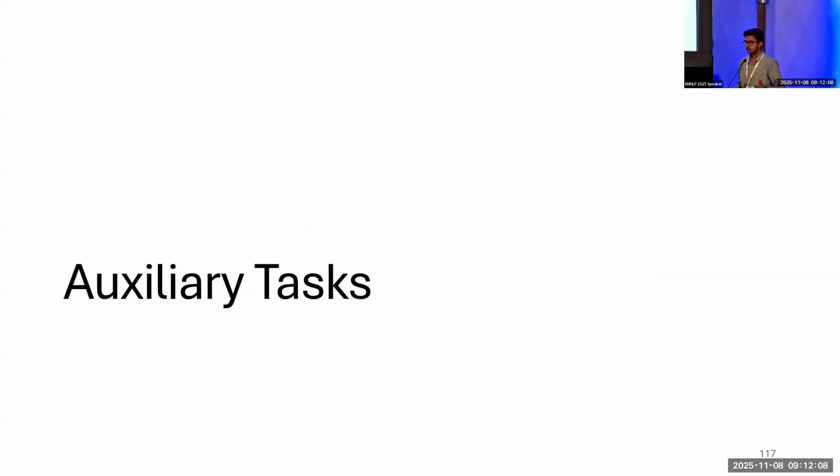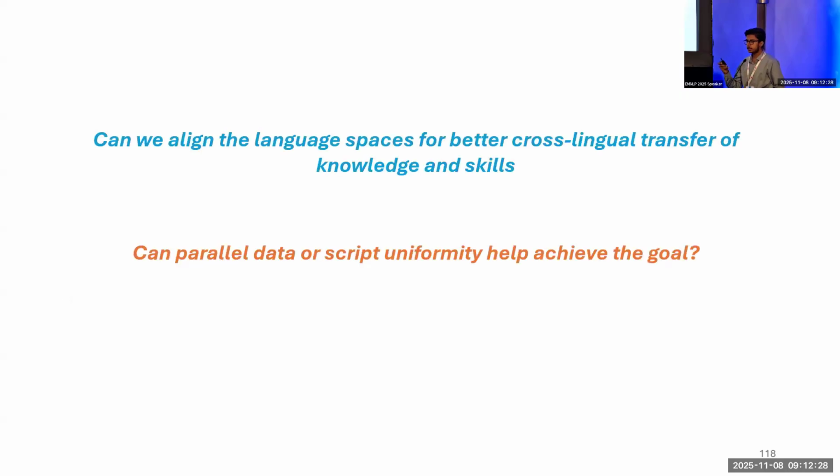So let's look at the auxiliary tasks. So now we saw how to generate IFT data. In addition to IFT data, some other tasks may also indirectly help your downstream performance. So firstly, can we align the language spaces for better cross-lingual transfer of knowledge and skills?